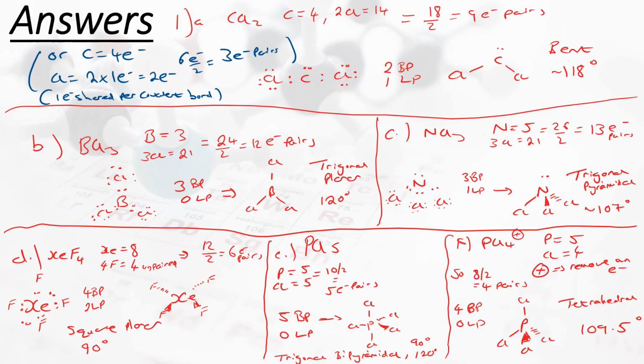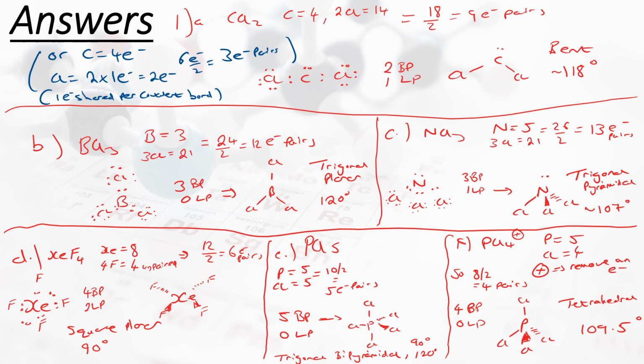And then finally, F, PCl4+. So our phosphorus here is in group 5, so we have 5 electrons from it. Each chlorine is going to donate 1 electron in a covalent bond, so that's 4 electrons from the chlorines. That gives us 9 electrons, but the key thing is it's an ion. Remember, if we have an ion, a positive charge takes an electron away, a negative charge adds an electron.